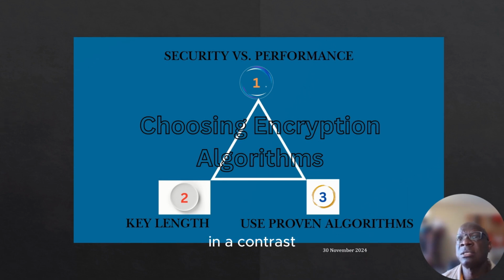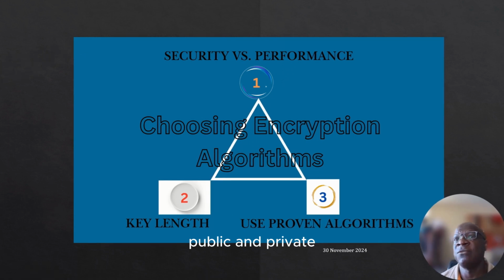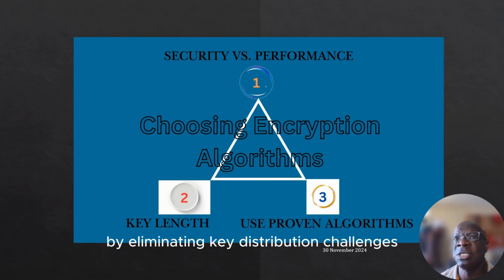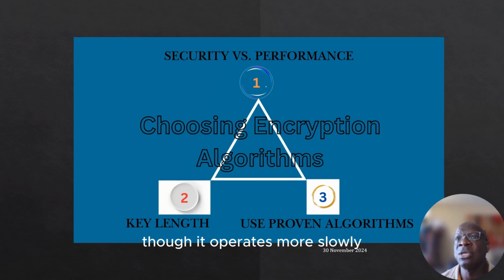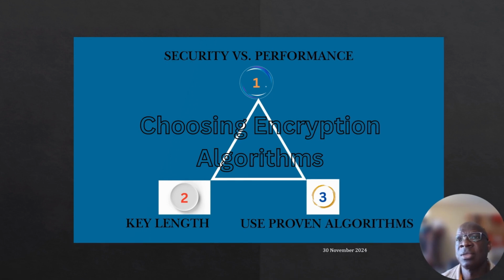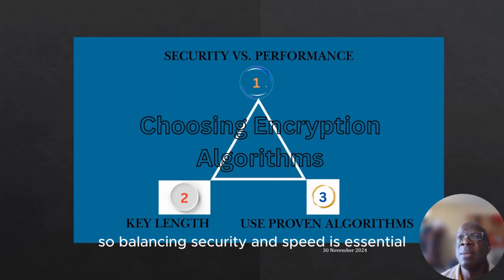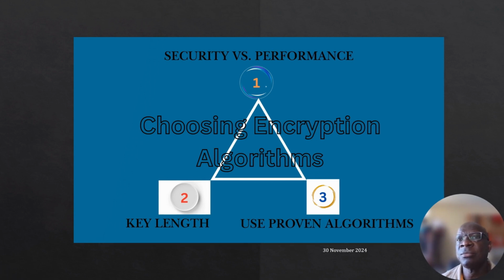In contrast, asymmetric encryption employs a pair of keys, public and private, enhancing security by eliminating key distribution challenges, though it operates more slowly. The critical takeaway is security versus performance. Stronger encryption needs more processing power, so balancing security and speed is essential.